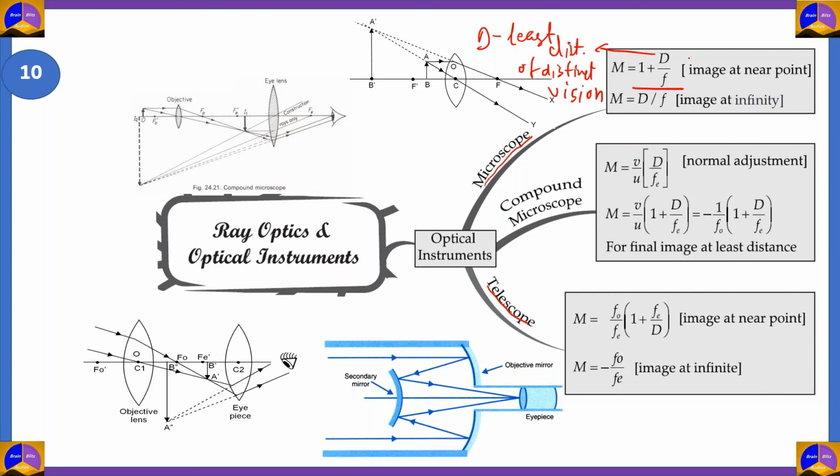So magnification at the near point is 1 plus D by f, while magnification at infinity is D by f. This is for a simple microscope that uses one lens. However, there are various challenges. For instance, there's always the problem of spherical aberrations and spherical inaccuracies.